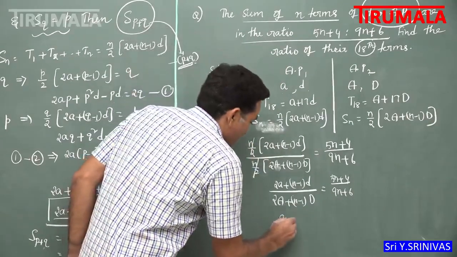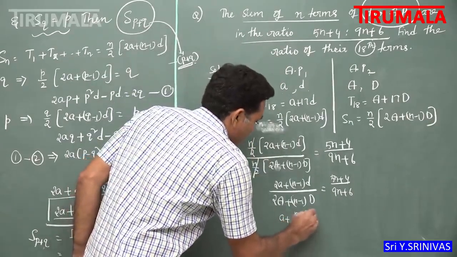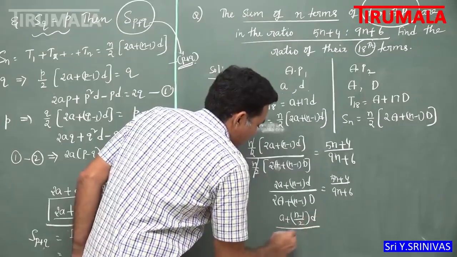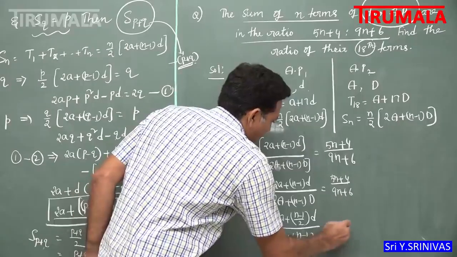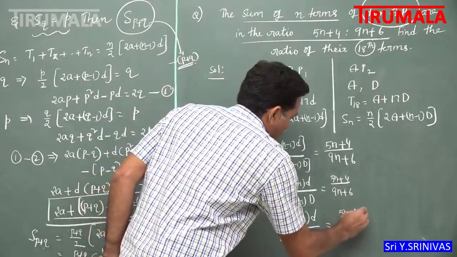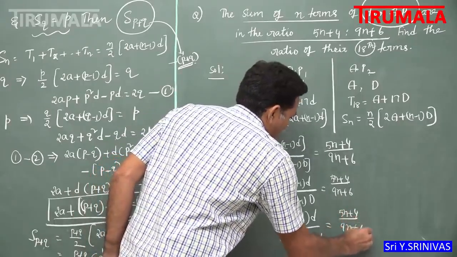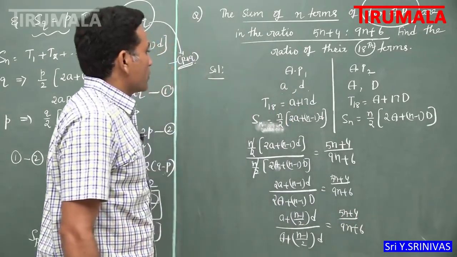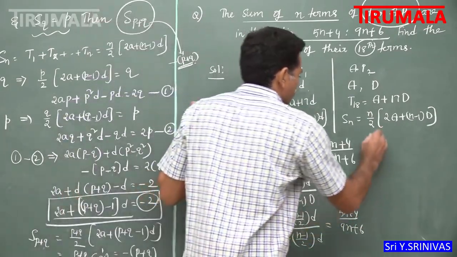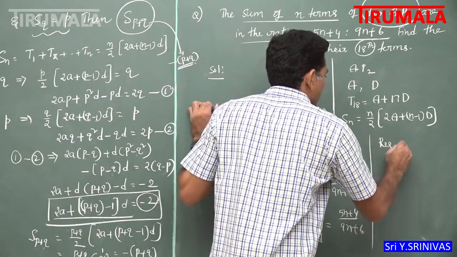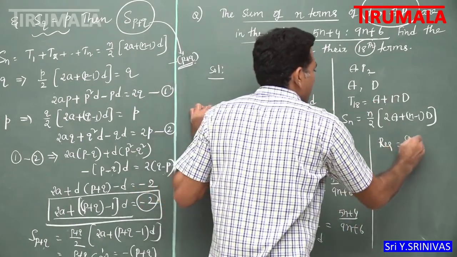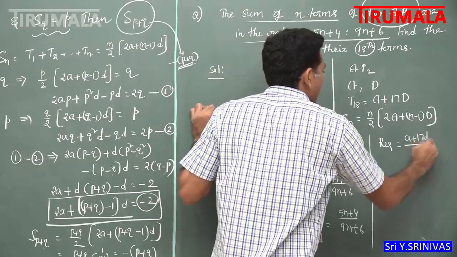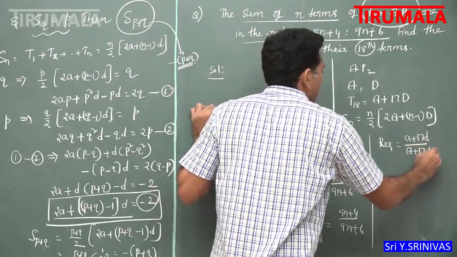It is a plus n minus 1 by 2 into d, by capital A plus n minus 1 by 2 into capital D, equals 5n plus 4 by 9n plus 6. What is required, students? Required is T18 by T18, which is a plus 17d by capital A plus 17 capital D.